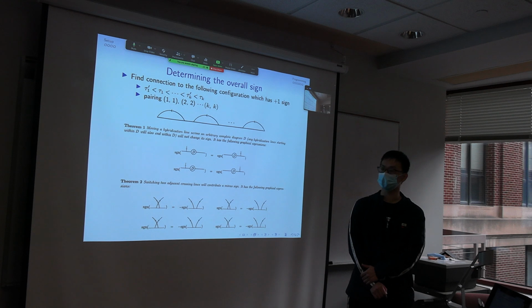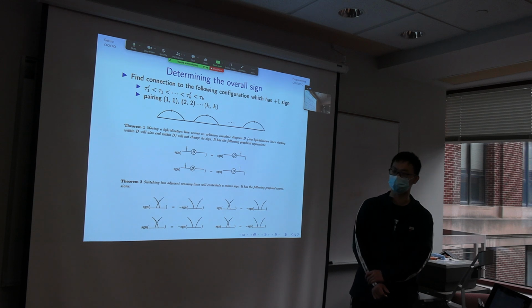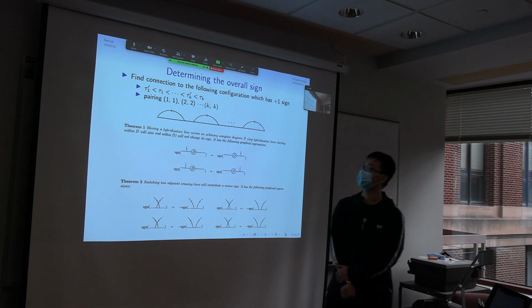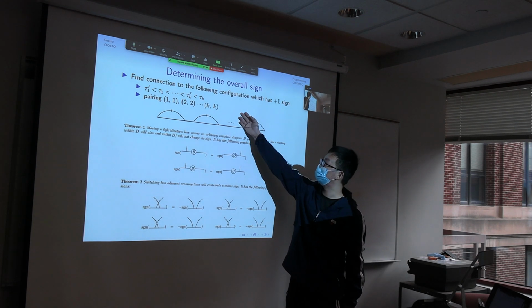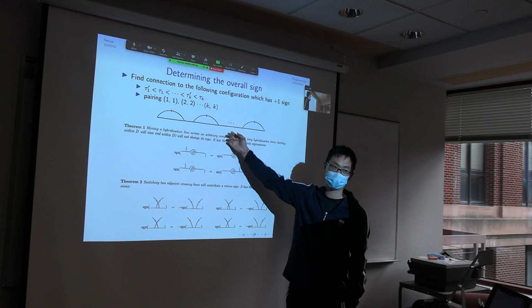In the literature, people usually use the Luttinger-Ward functional to analyze that. But I found a more straightforward way to analyze the overall sign. The main idea is to find the connection to the following configuration, which we know has a plus sign.